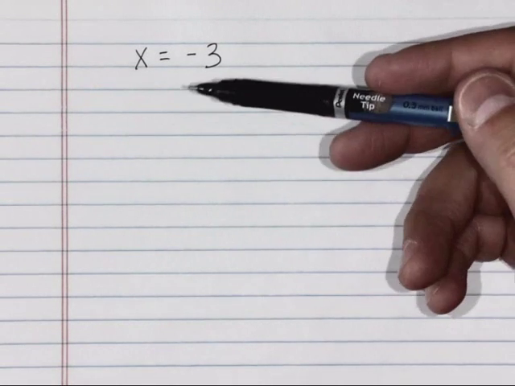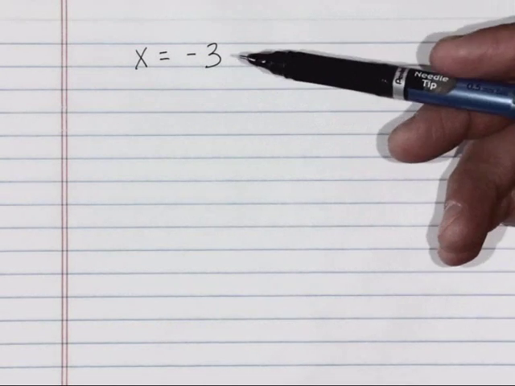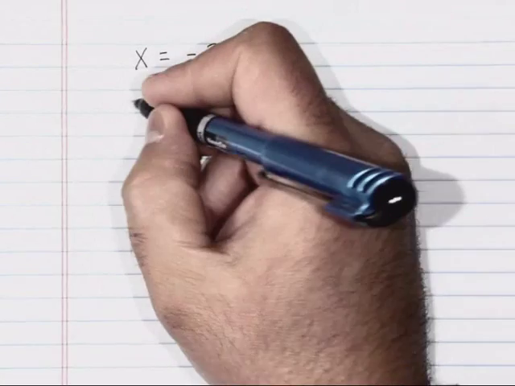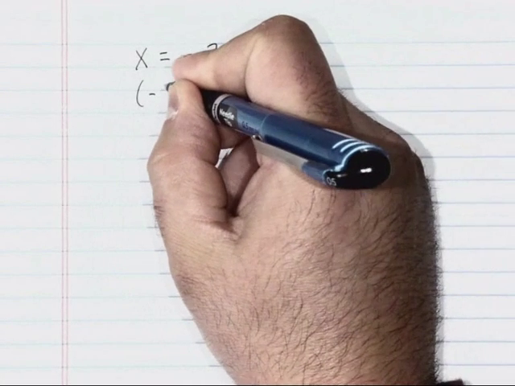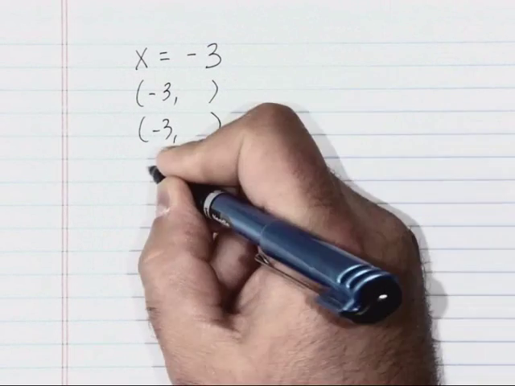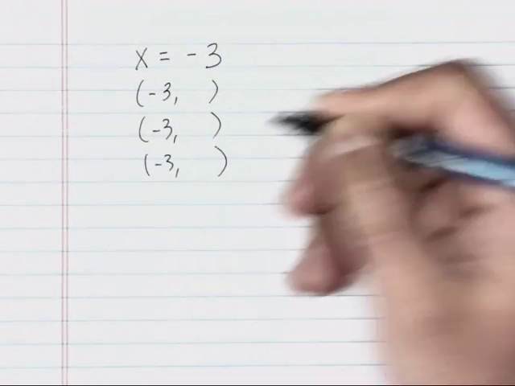Basically, this is a line in which every x-coordinate for the ordered pairs on the graph of this line is -3. So basically all the points look like -3 comma something, -3 comma something, -3 comma something.